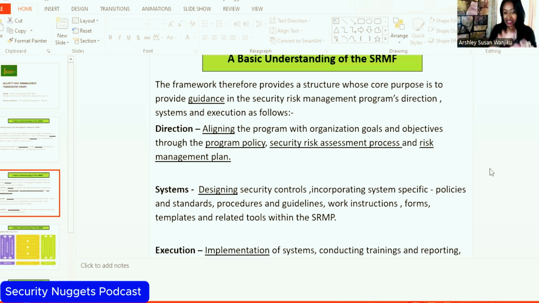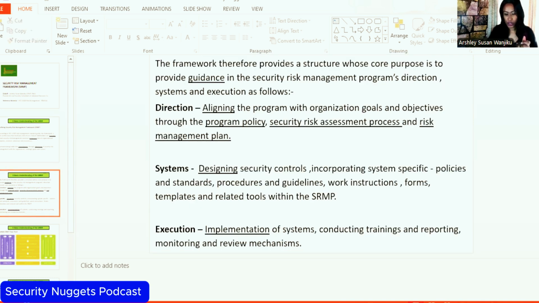Now, in this section, we are looking at all the systems that are going to be proposed, not just one. Any system that is recommended as a result of the SRA needs a system-specific policy, so that we have a better way of executing it, because we don't want to miss anything out.